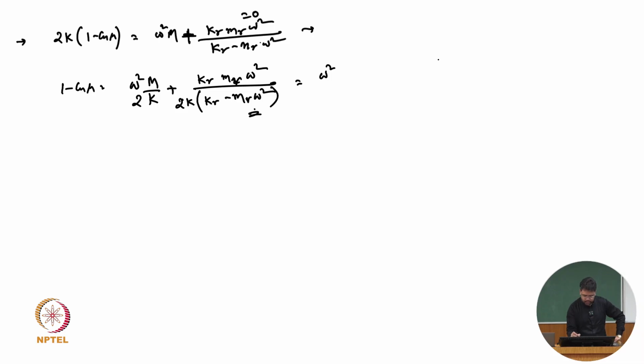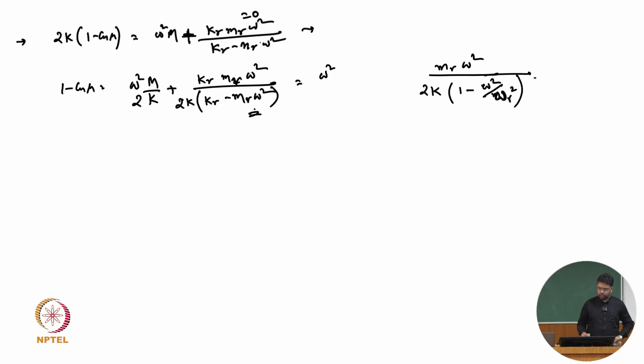So here what is happening, I'm just writing m_r omega square divided by 2k into 1 minus omega square by omega_r square. So what is omega_r square here? So omega_r square equal to k_r divided by m_r.